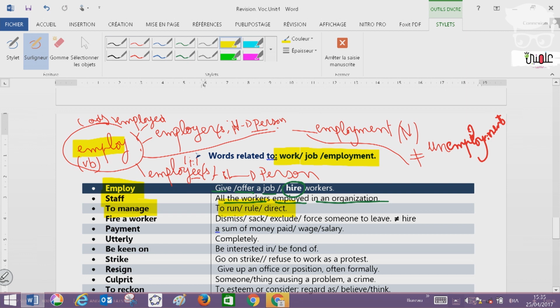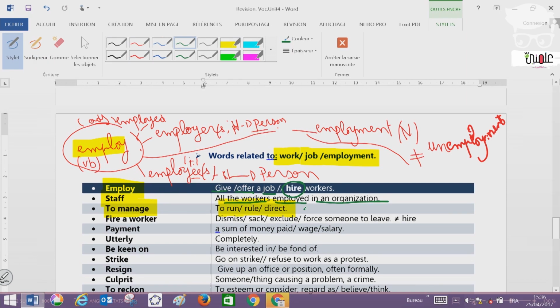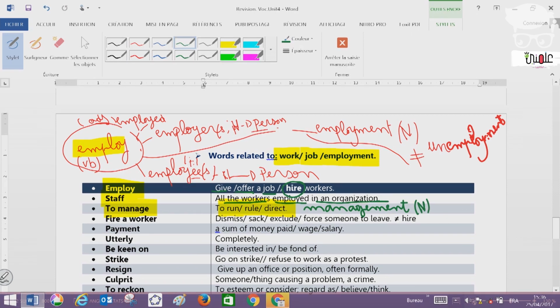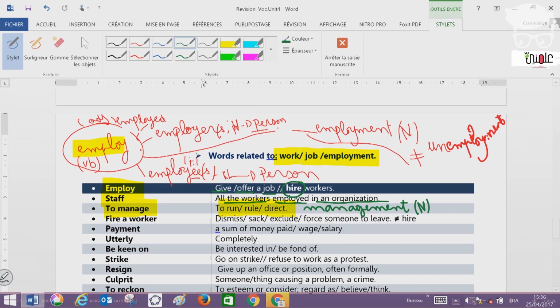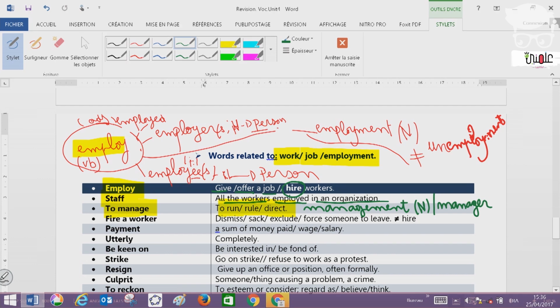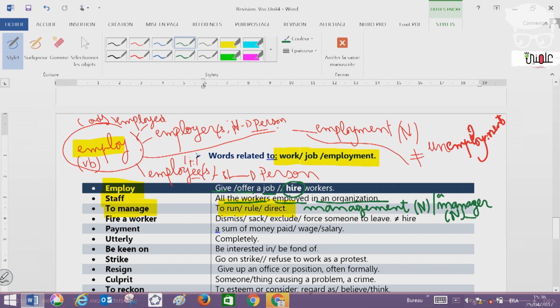And we talk about management. That's the general noun. And we talk about manager, that is the person, still a noun, but for the person. A manager, all right? Noun referring to a person.